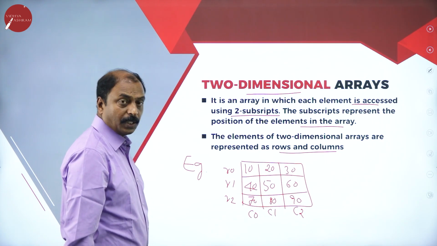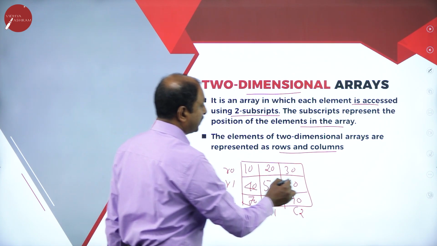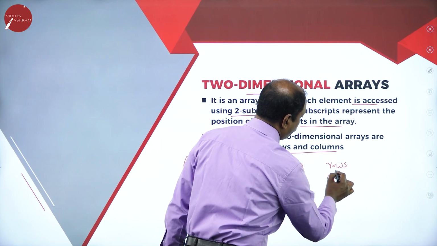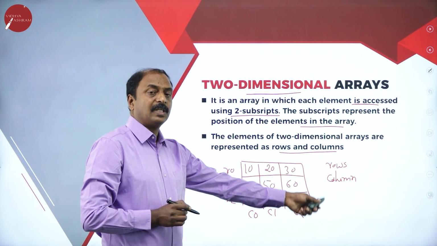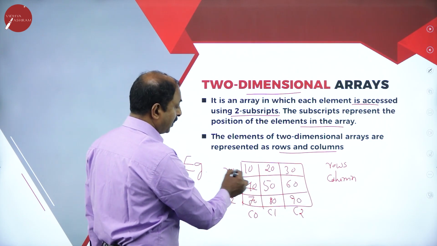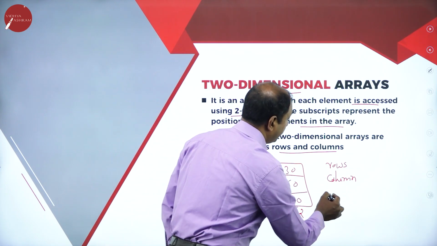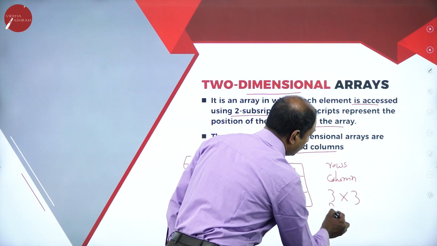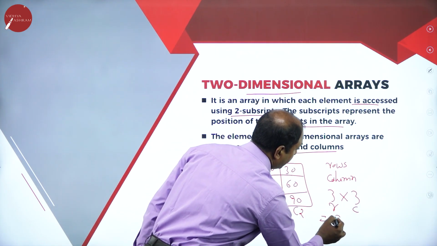So here, what is the meaning of this? As we said, there are 2 subscripts. Here 1 subscript is for rows, and another subscript is for columns. That is why there are 2 subscripts. In this example, there are 3 rows and 3 columns. So we can say this is an array with 3 rows and 3 columns, totally 3 into 3 is 9.